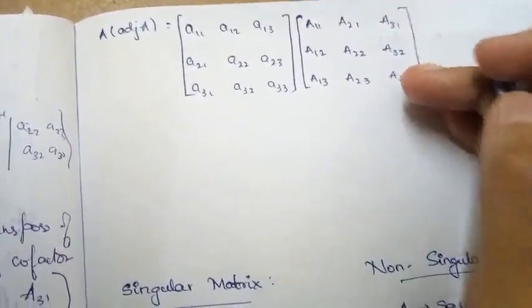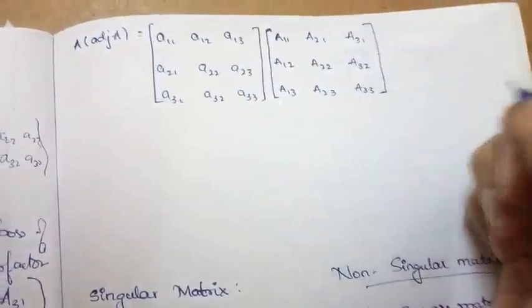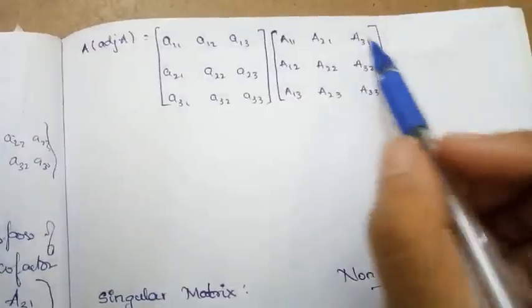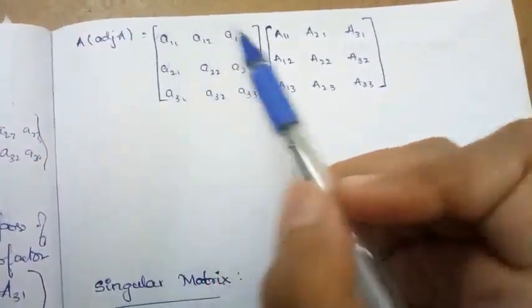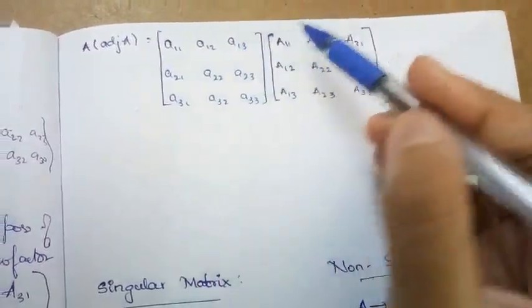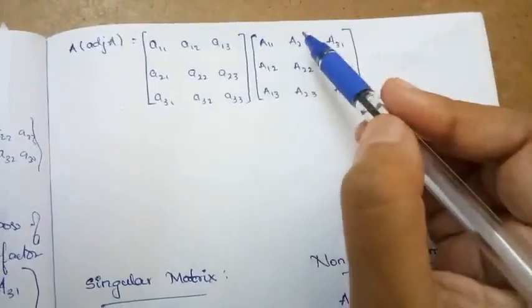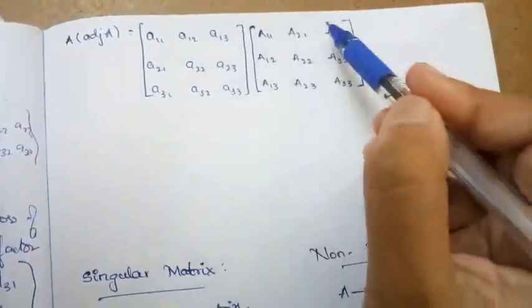So now observe carefully here. I am not going to write each and every element for the matrix multiplication. How does matrix multiplication go? We multiply the first row with the first column, the first row with the second column, the first row with the third column.